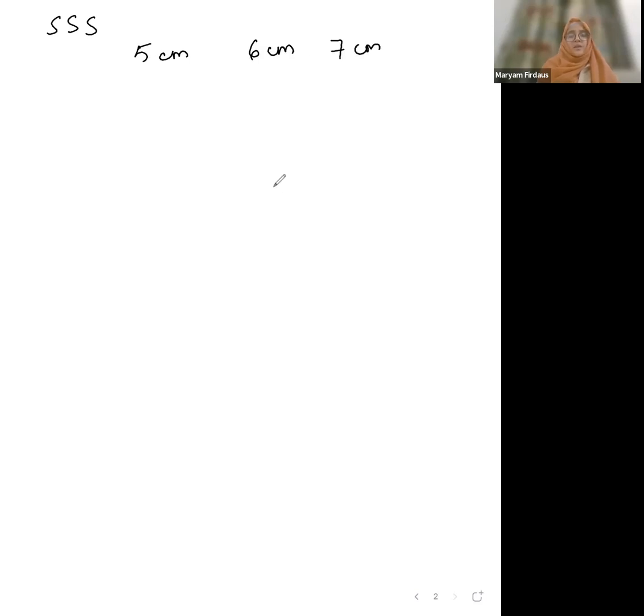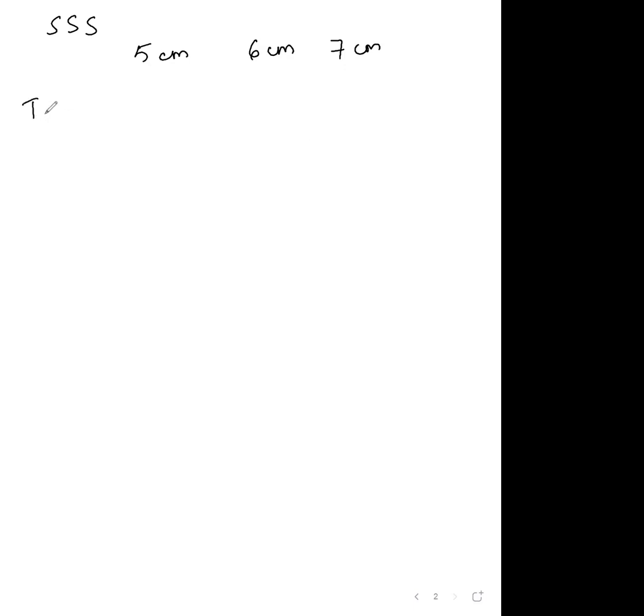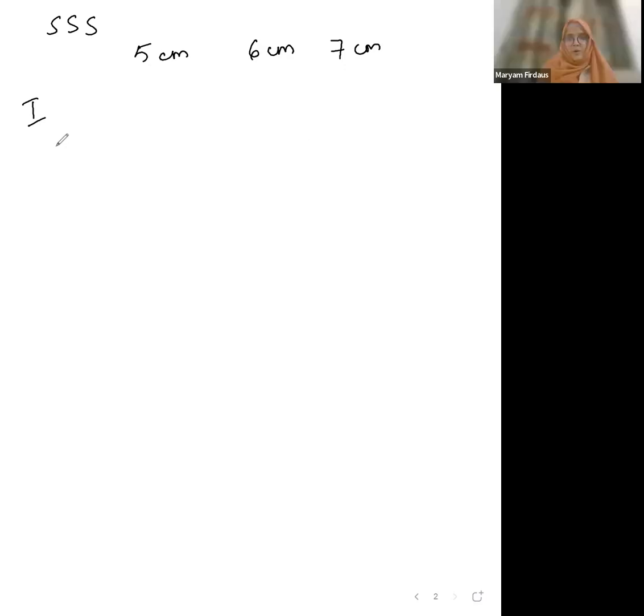These are the sides. So what is the first step that we need to do, Hiba? Remember step by step. You don't always have to take the smallest one. You can take any of these, but the first step is to draw a rough diagram.